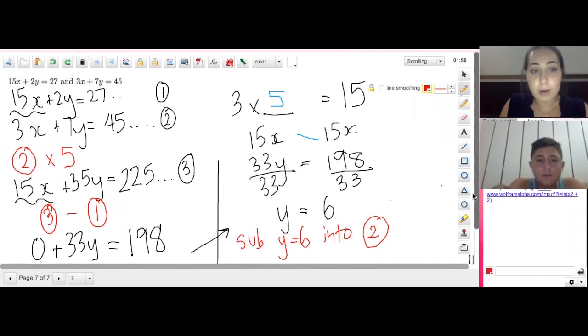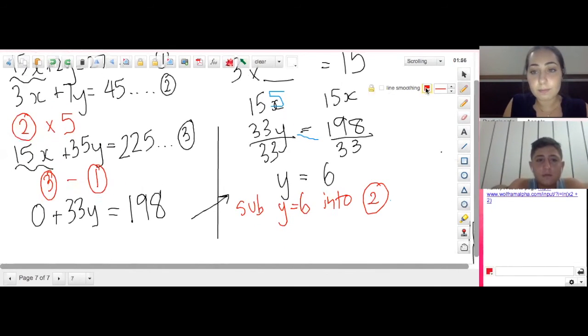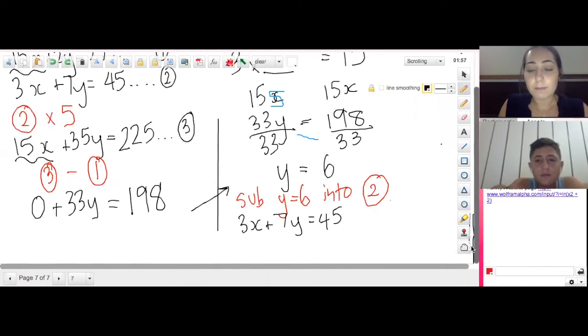So I'm going to rewrite equation 2: 3x plus 7y equals 45. We're going to substitute the value of 6 into y. So we have 3x plus 7 lots of y, and y is 6, equals 45.